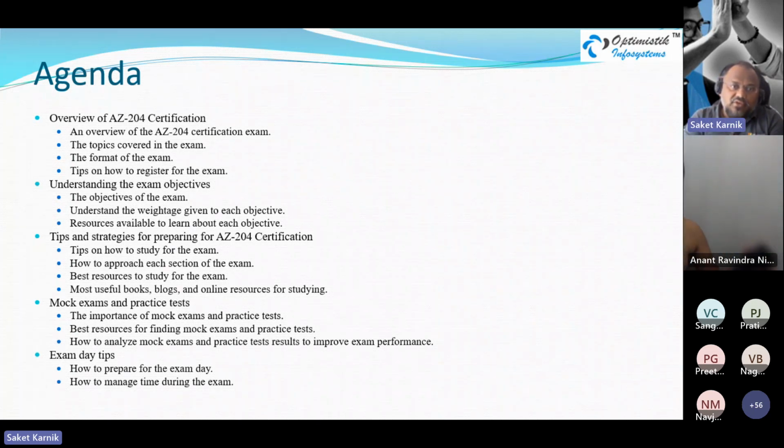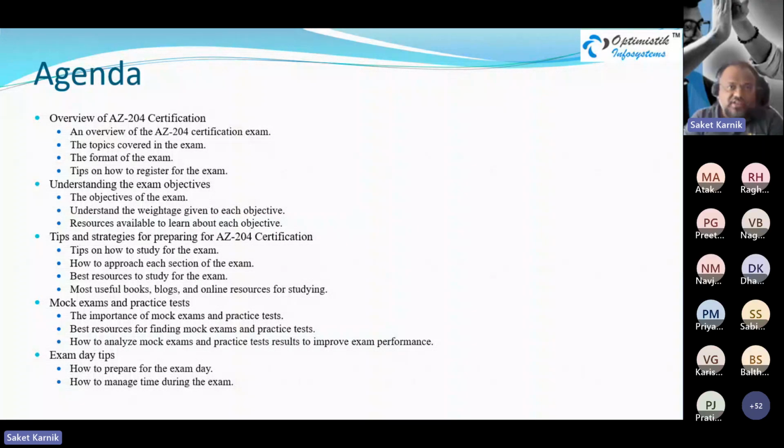We also do some trainings on the exam preparation path. So we actually run a course which makes you prepare for AZ-204, which is a 5-day program. For more details, you can get in touch with Navjot and team, and you can proceed with that.